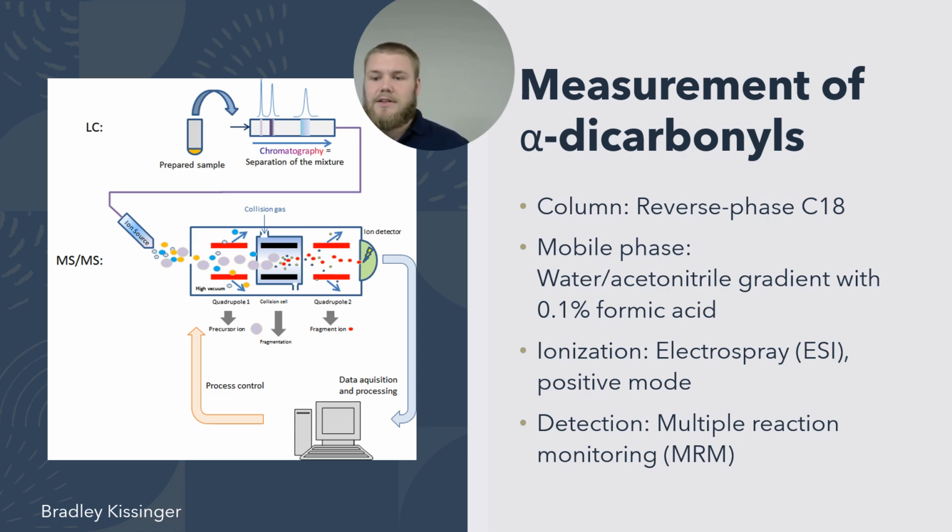This method allowed us to quantify the alpha dicarbonyl glucose metabolites, which are those precursors that I had mentioned earlier during the observations, and these metabolites were found to be elevated in hyperglycemic conditions and provided crucial data for understanding the mechanism by which hyperglycemia worsens stroke outcomes.